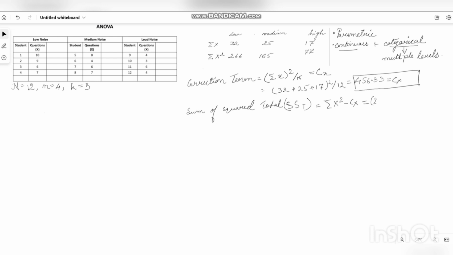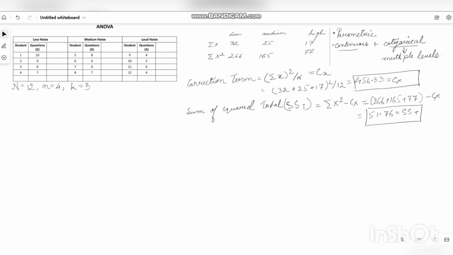It is 266 plus 165 plus 77 minus Cx, which is 456.33, and it comes out to be around 51.76, which is the value of SST. We will use these calculations for the upcoming steps.